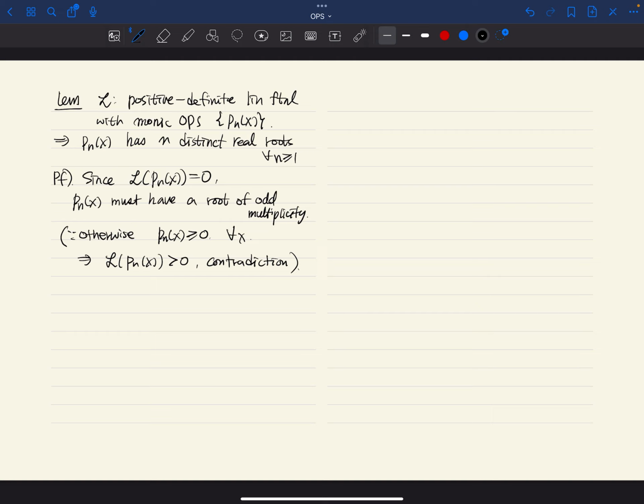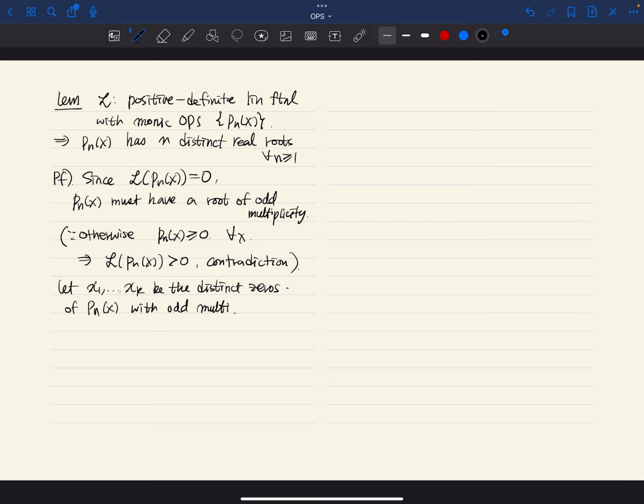Okay. So now let x_1, ..., x_k be the distinct zeros of P_n with odd multiplicity. We want to show that k is in fact equal to n. Then we will be done.